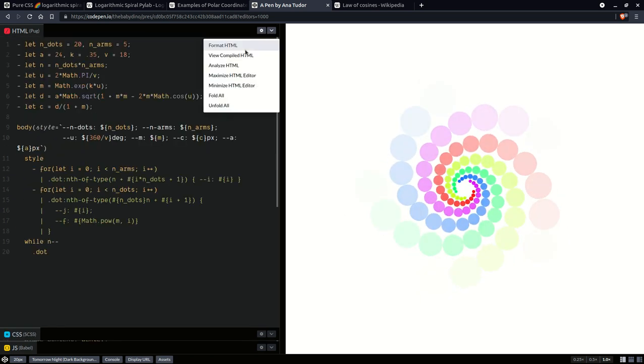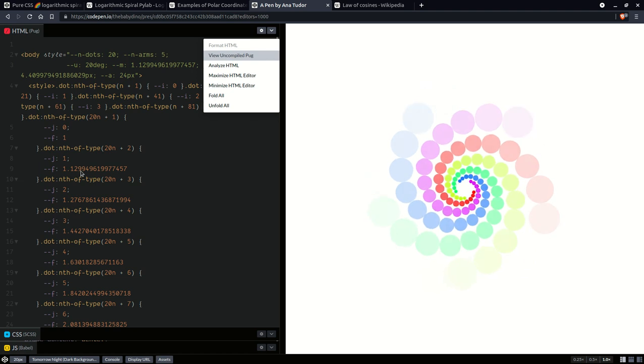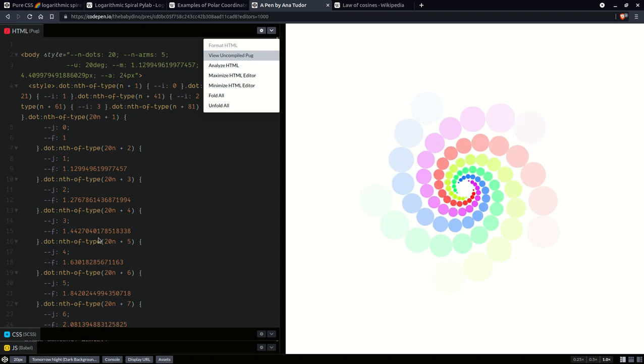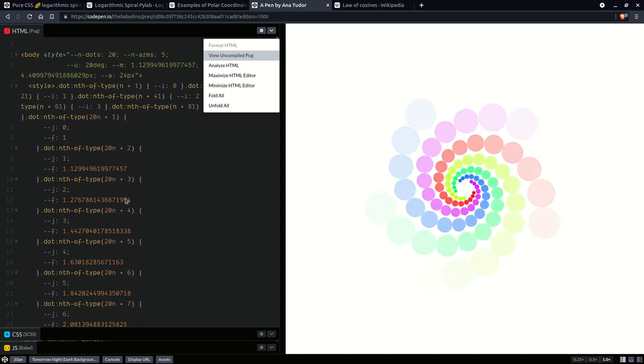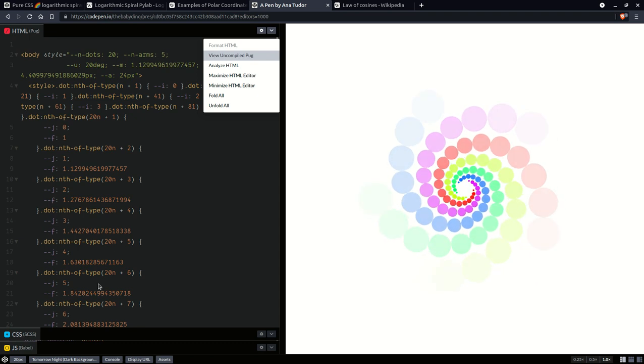Now let's just look at the compiled HTML here. So you can see those values, right? Now the thing is, this is m raised to the power 1. This is m raised to the power of 2, m raised to the power of 3, and so on.